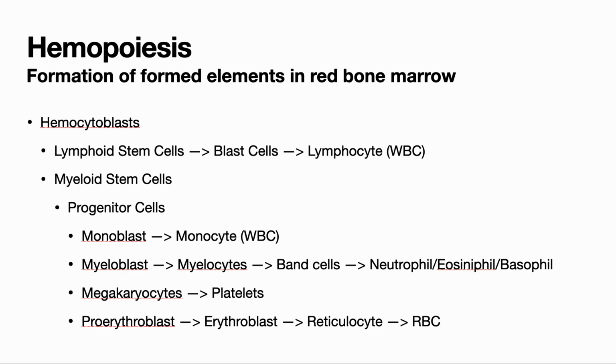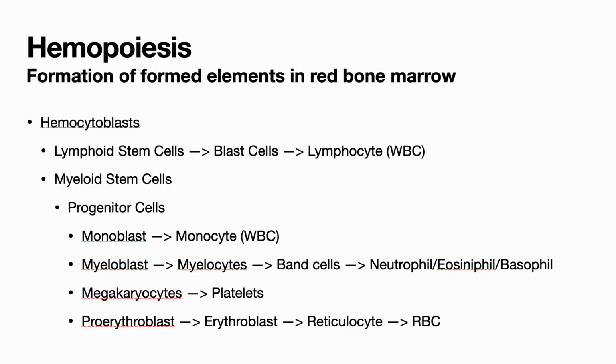Those hemocytoblasts will split via mitosis into either lymphoid stem cells or myeloid stem cells. Now, the lymphoid stem cells will go on to become lymphocytes. So once you have a lymphoid stem cell, there is only one end in sight, which is becoming a lymphocyte.